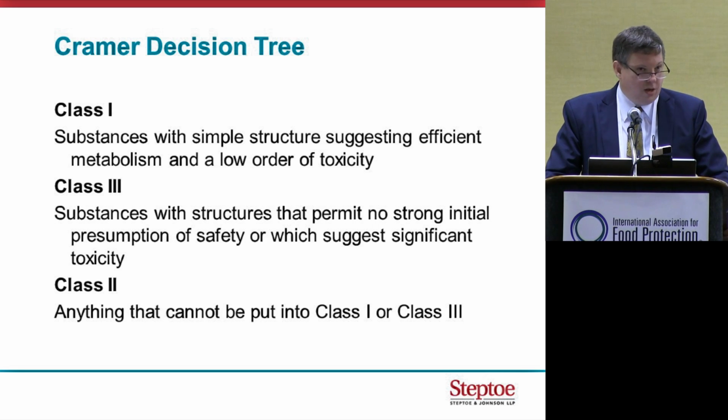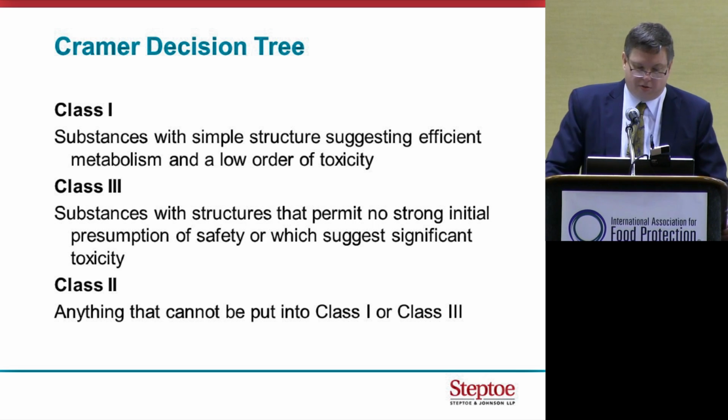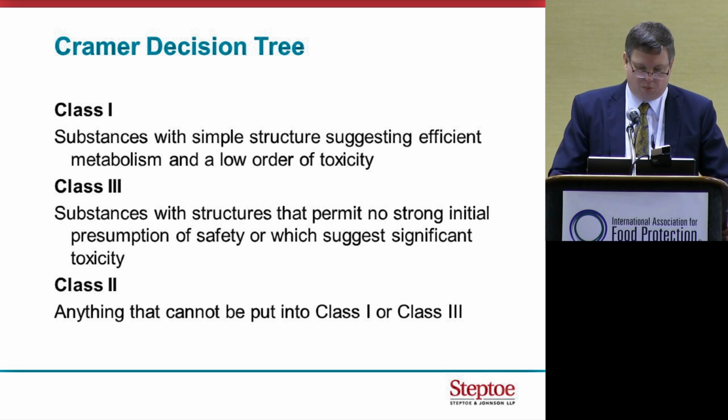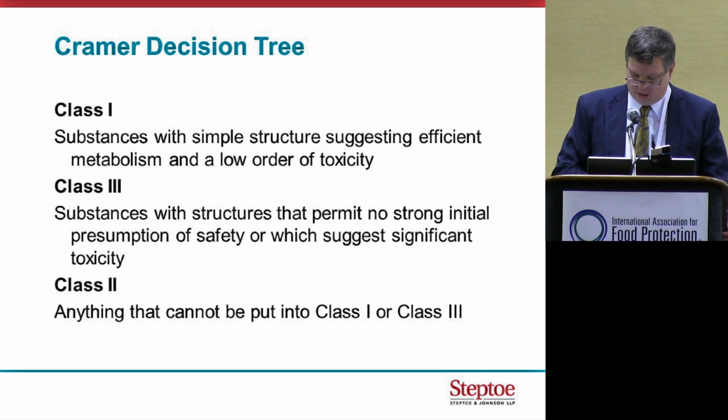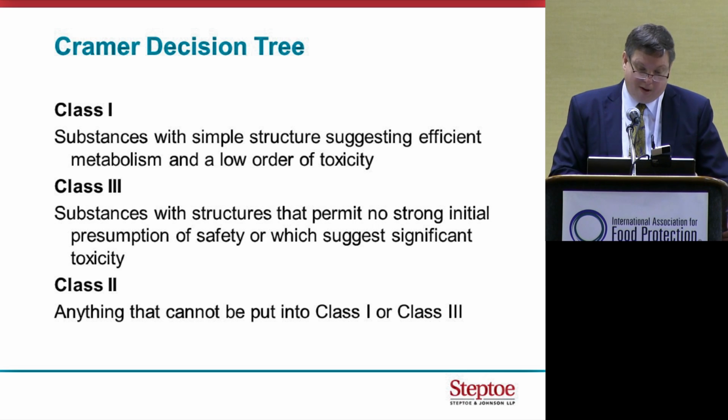And class 3, which is the substances of most concern, and the decision tree typically defaults compounds into class 3 to deal with unknowns with respect to metabolism and toxicity. And class 2 representing a group probably less well-defined in between Class 1 and Class 3.